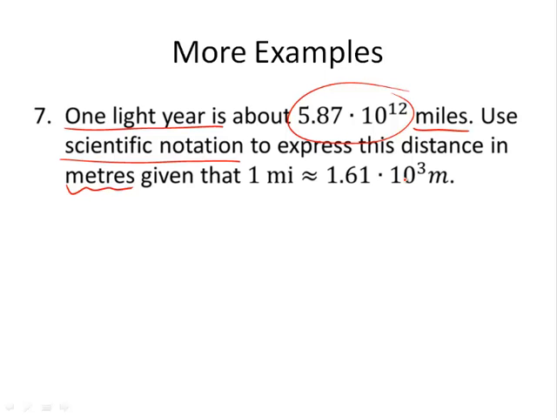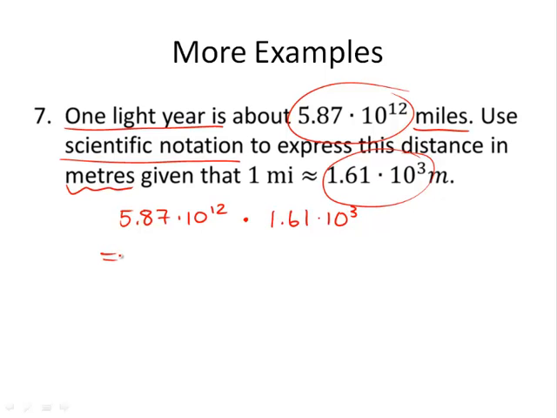So first you need to decide what you're going to do with these two numbers. If every single mile is this many meters, then we want to multiply. So we're taking 5.87 times 10 to the 12 times 1.61 times 10 to the third.